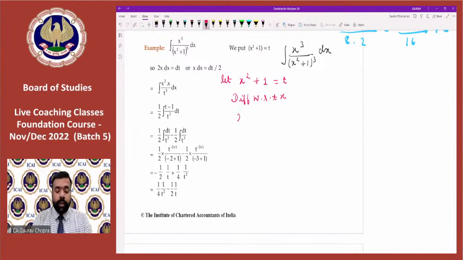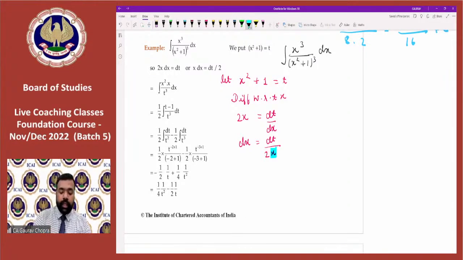So x square will become 2x, 1 will become 0, and t will become dt by dx. And this dx can be written as dt upon 2x. Now here the problem is the dx should come in terms of t, but here we are getting 2x. So we have to convert this x into t also.